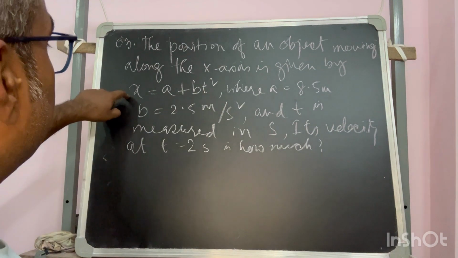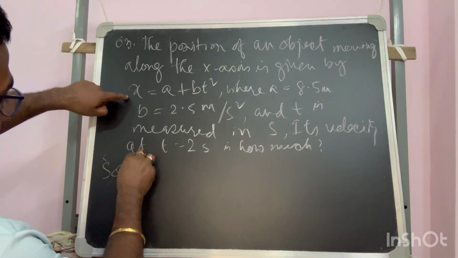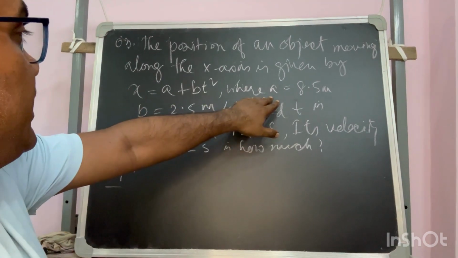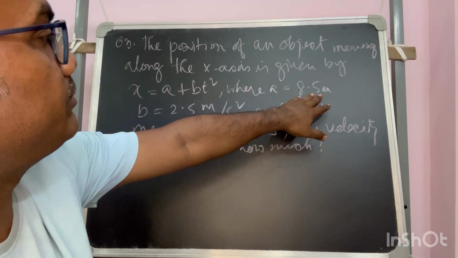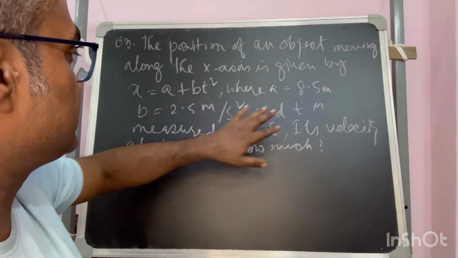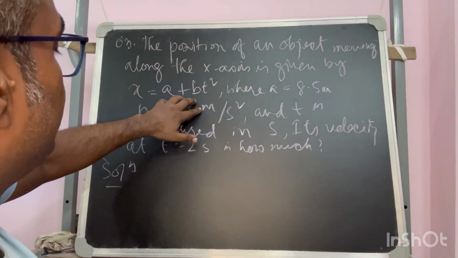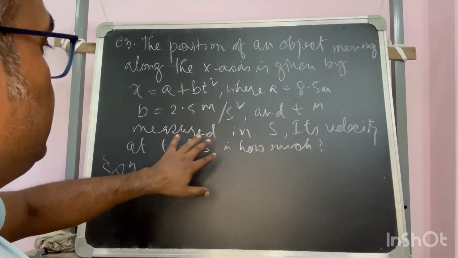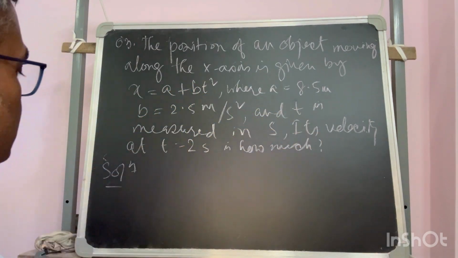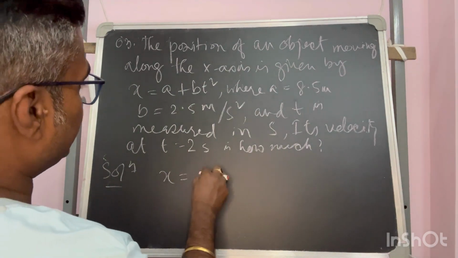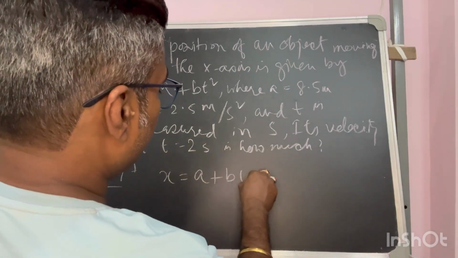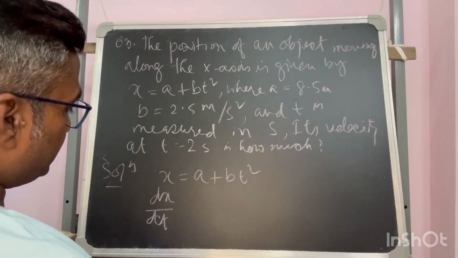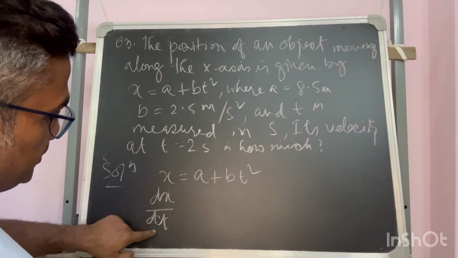So now your displacement equation is given by this. As a and b are constants, because the fixed values are given, and t is measured in second. Now as x is given in form of t square, velocity can be calculated by differentiating x with t.